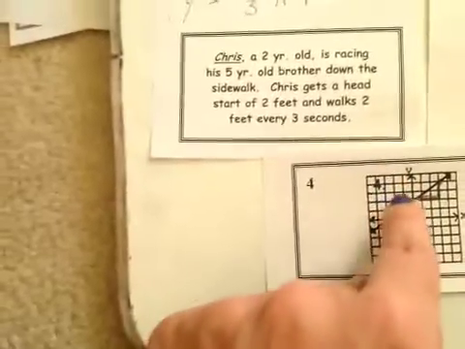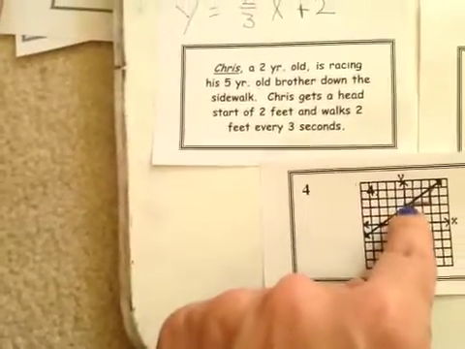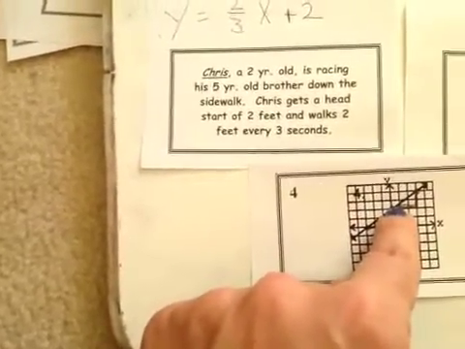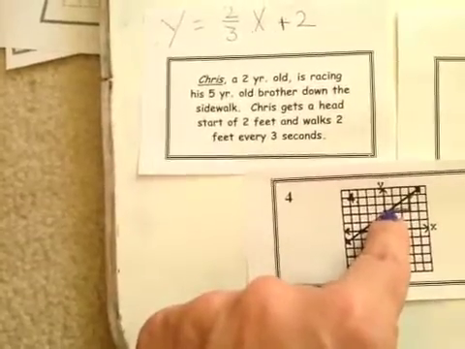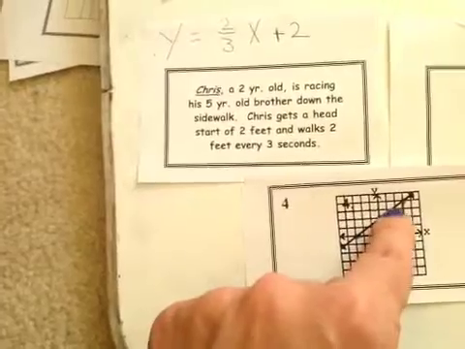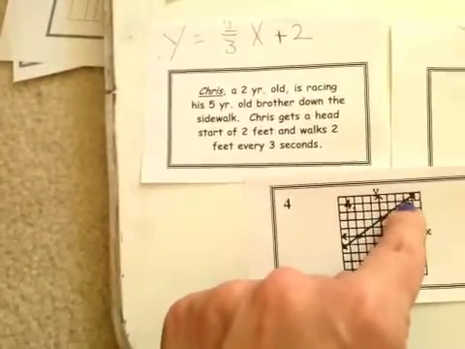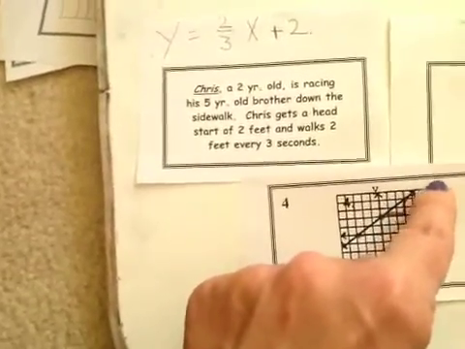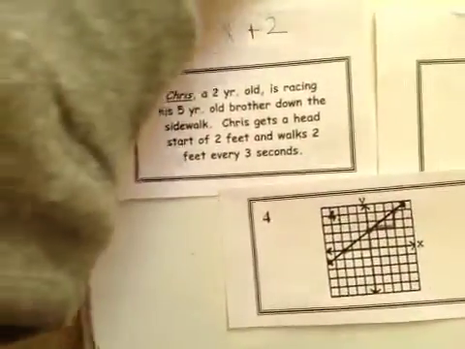So again, his starting position was here. He already started at 2 feet ahead of his brother. And then we could see that as he goes, his distance is going to increase and increase and increase. And here are his points.